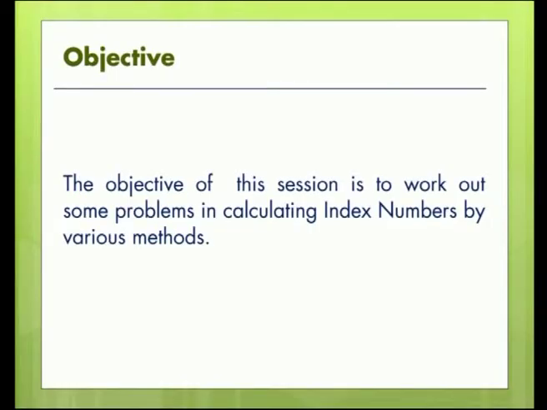Various formulae were discussed in the previous sessions in calculating index numbers: Laspeyres method, Paasche method, Bowley's method, Marshall-Edgeworth method, Kelly's method, and Fisher's ideal method. So, the formulae should be recalled before we get into working out some problems in computing the price index numbers and quantity index numbers.